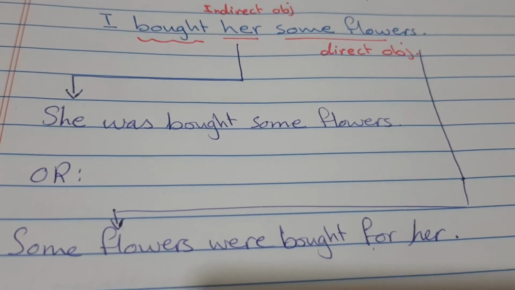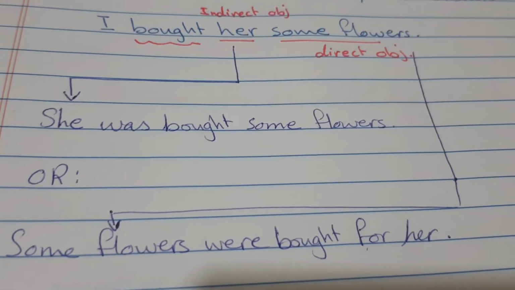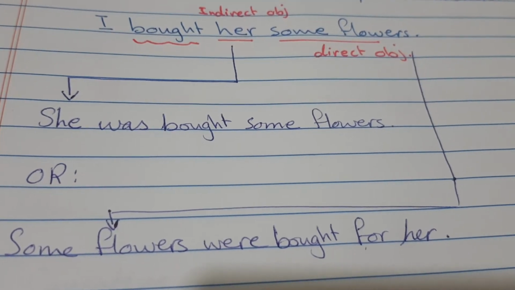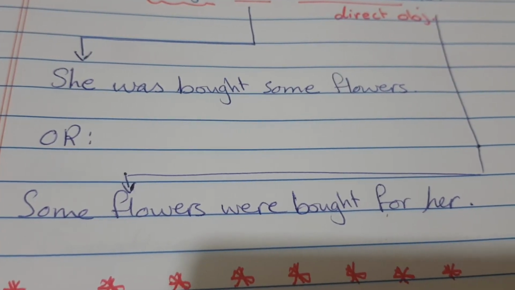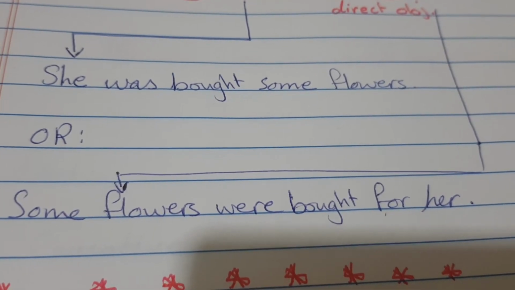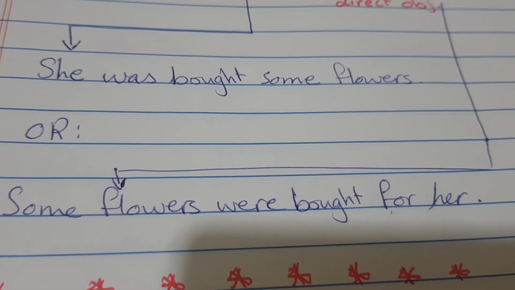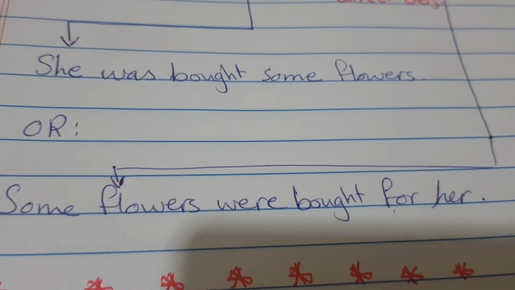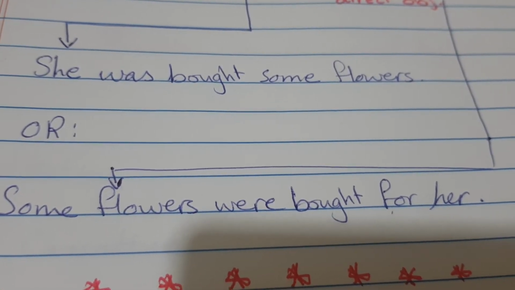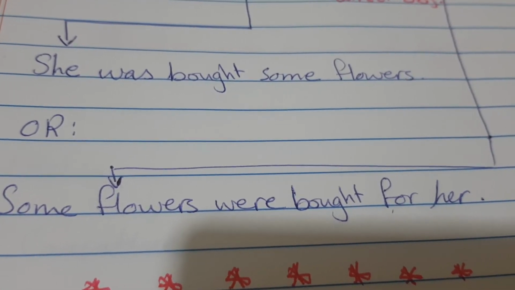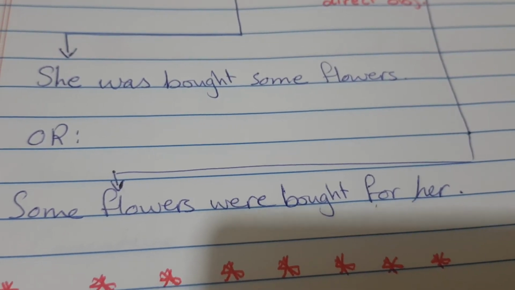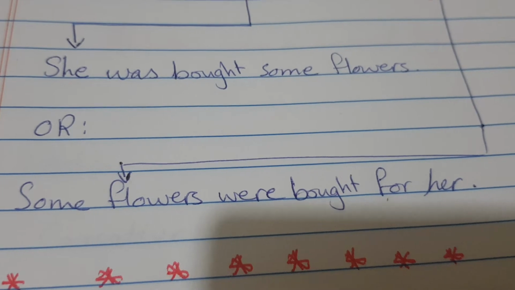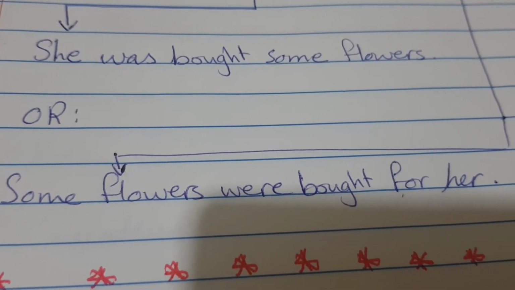If we start with the object that is her, we never begin a sentence with an object pronoun. So her becomes she. So she, what verb to be matches with she? And past simple, of course, was. So she was bought some flowers.